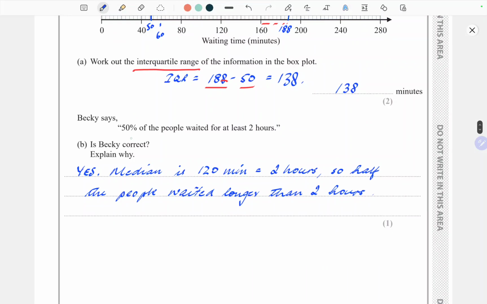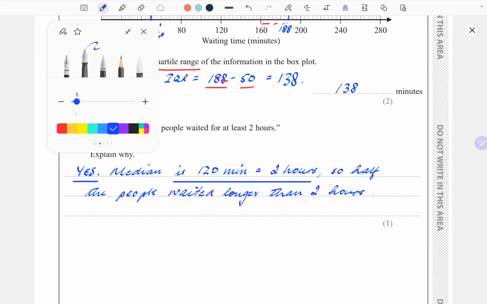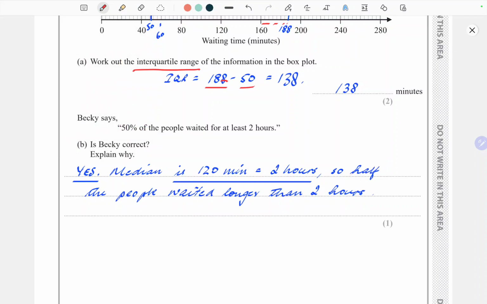Then Becky says 50% of the people waited for at least 2 hours. Is she right? Very simply, yes, because the median is at 120 minutes, which is 2 hours. The meaning of a median is that half the people waited longer than 2 hours.